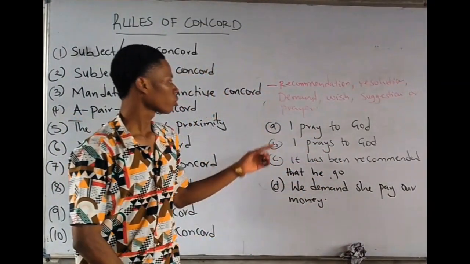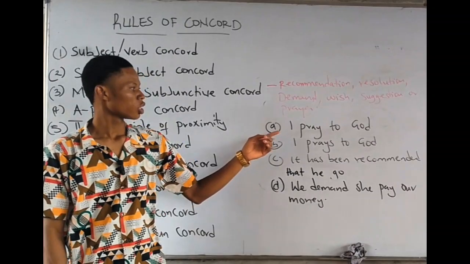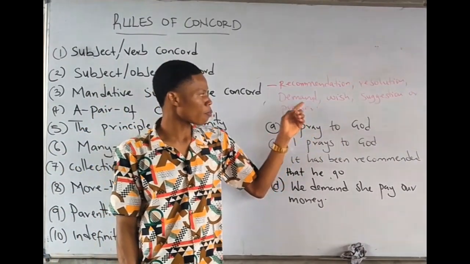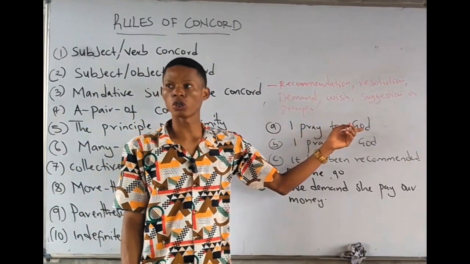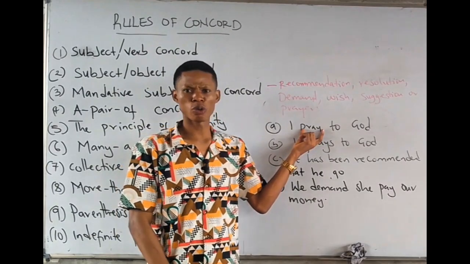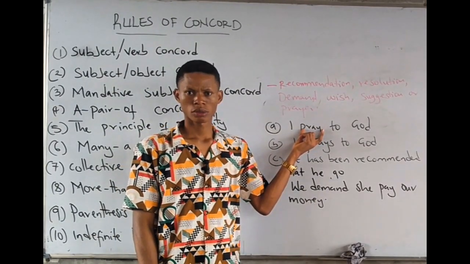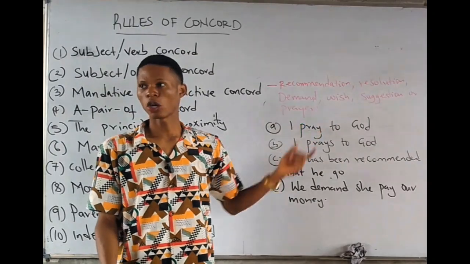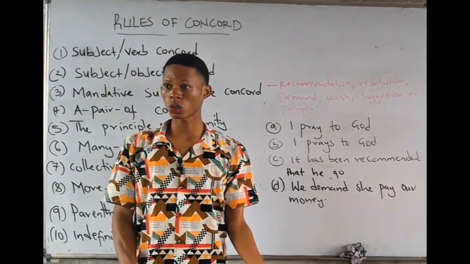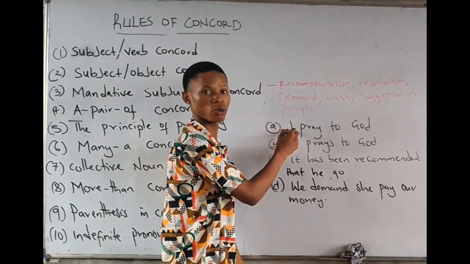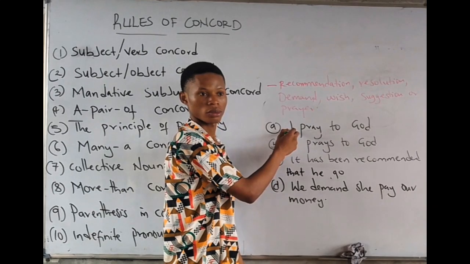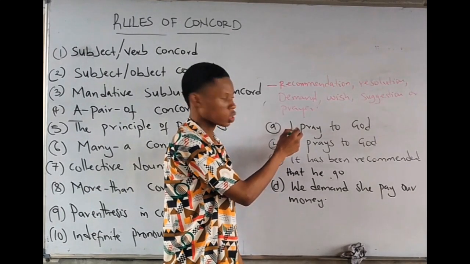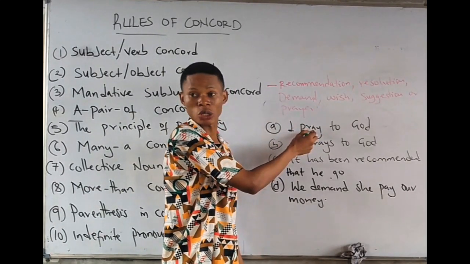For example, let's look at this first case. I pray to God. Remember, prayer is involved. I pray to God. Pray here, is it singular or plural? Plural, right? Because prays is singular, is it not? Now, I here, is it singular or plural? I is singular, right? So it's supposed to go with a singular verb, is it not?